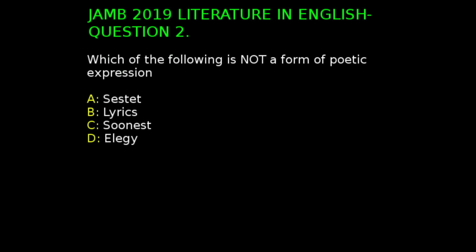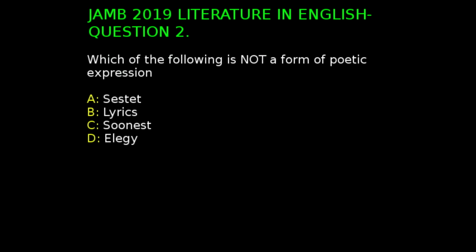Option A, which is sestet, can be defined as a poem with 6 lines. B, which is lyrics, can be defined as the words to a song, but in this case, a poem. C, which is soonest, can be defined as an adverb, which refers to a short time from now or after something has happened.